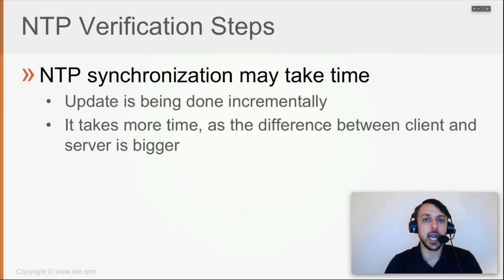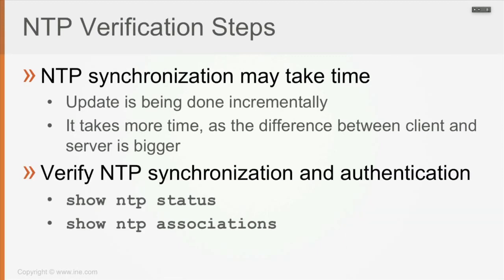So it's going to take time. The NTP synchronization is going to take more time if the gap between the server and the client is big, and also especially if you run on older platforms that have, let's say, older hardware clocks which are going to be working differently behind the scenes.